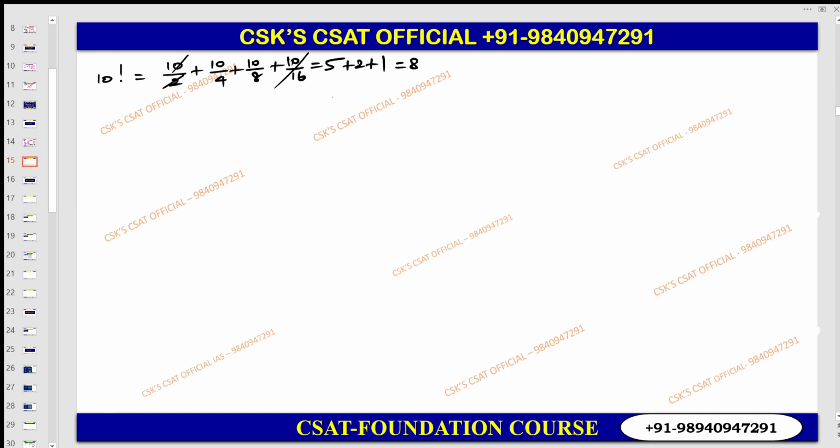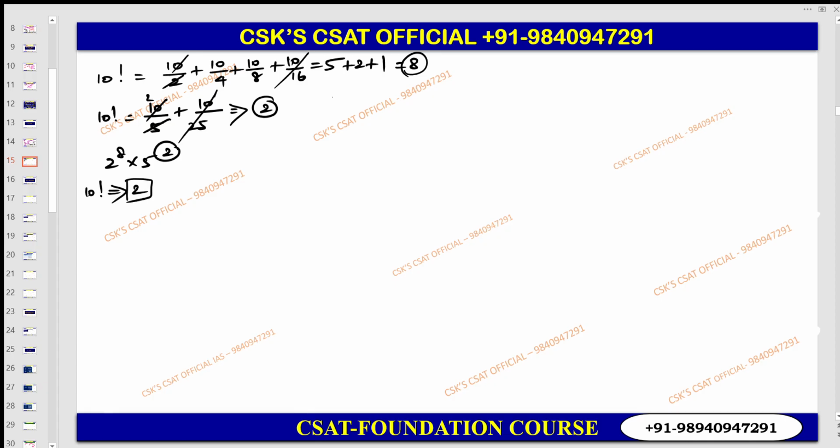Now with respect to the 5, it becomes 5 square, which is 25, greater than the numerator. So leave it. So how many here? 2 power 8 here, 5 power 2 here. How many zeros are there in the 10 factorial? 2 zeros are there.